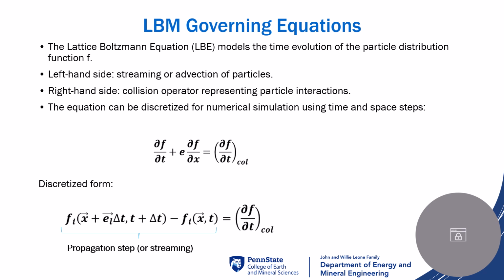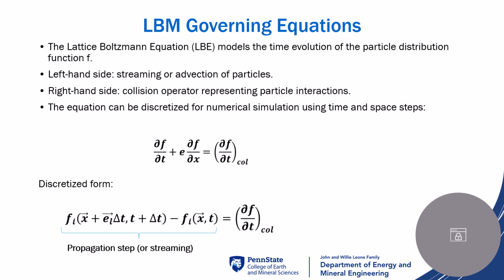This is the discretized form of the Lattice-Boltzmann equation tailored for numerical simulation. On the left-hand side, we see the propagation step, also known as streaming. The distribution function fi at position x moves along the discrete velocity direction ei, reaching a new position x plus ei delta t after a time step delta t.